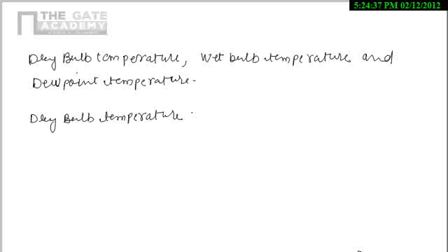Dry bulb temperature is nothing but the temperature recorded by a thermometer with a dry bulb.